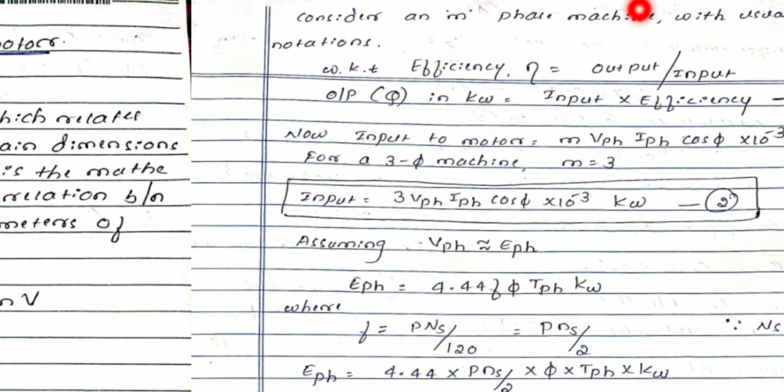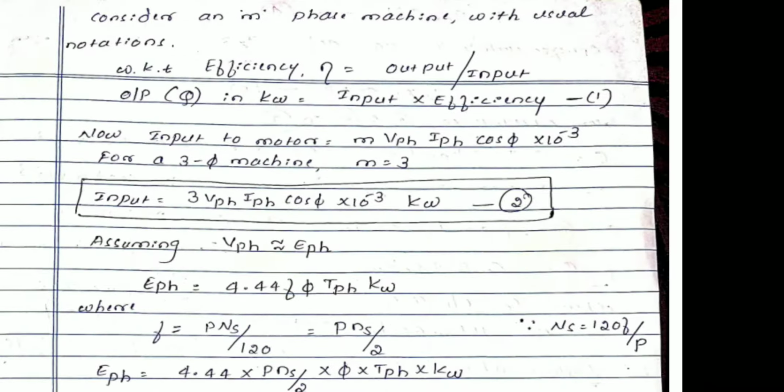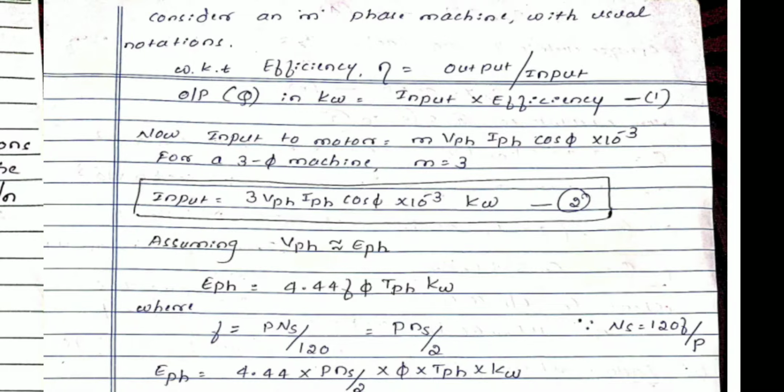The output is expressed in kilowatts and is represented by capital Q. From this equation I can write output equals input into efficiency. Call this equation 1. Next, from this equation, first I want to know what the input is.